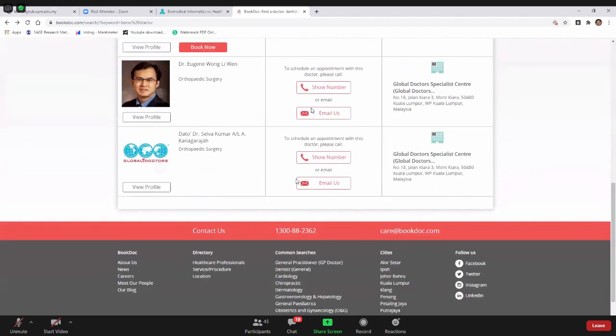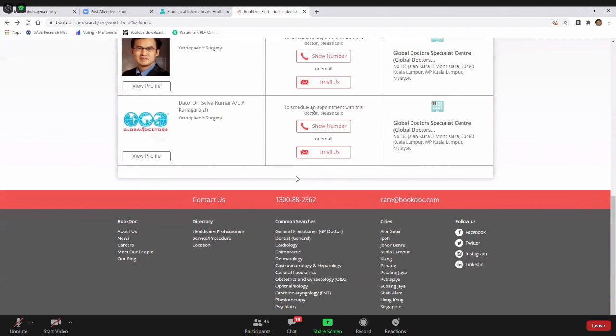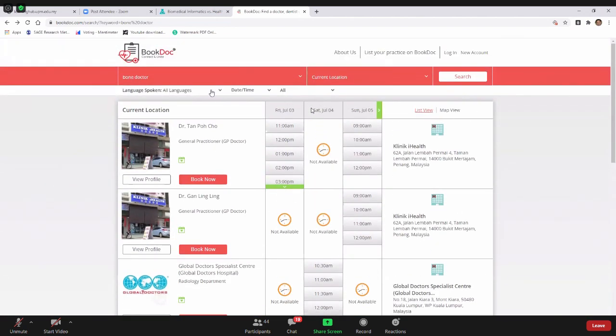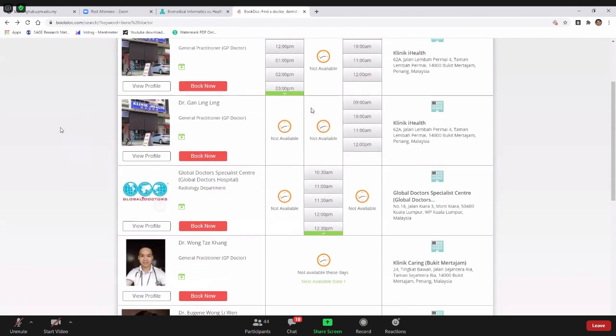You can email them, and I heard you can also talk to them, if you want to do a virtual consultation. But all this virtual consultation or telehealth conversation requires you to pay. They may deduct from your e-wallet or your credit card.